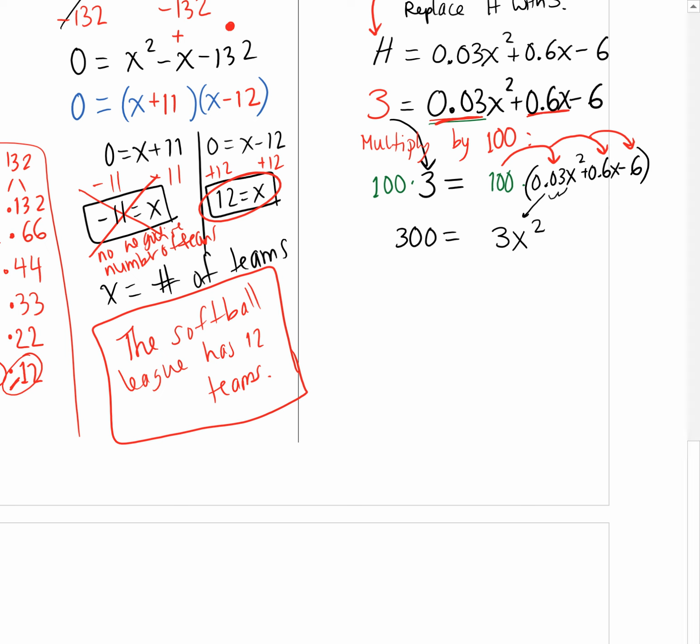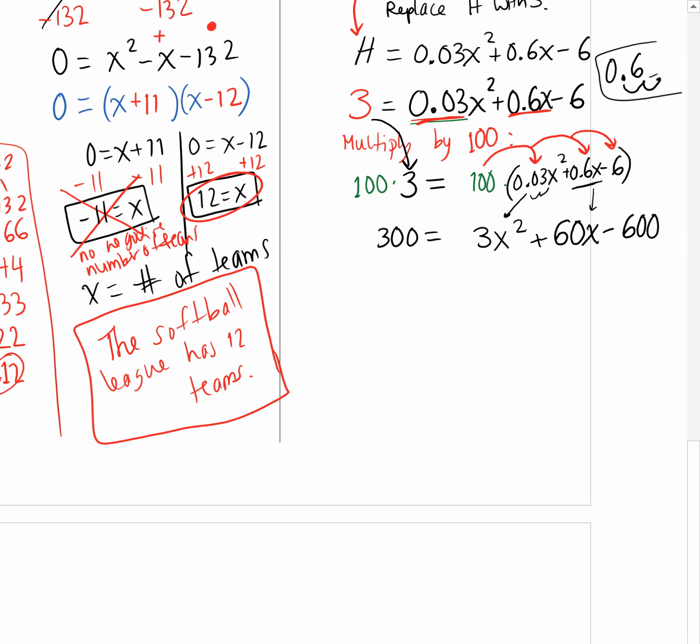And 100 times 0.6: I'm moving the decimal twice, and since it's past the 6 there's an empty space. If you remember, we have to put a 0 where there was an empty space. So it'll be a 6, and a 0, and then the x. And then the last term, 100 times negative 6, would be negative 600.